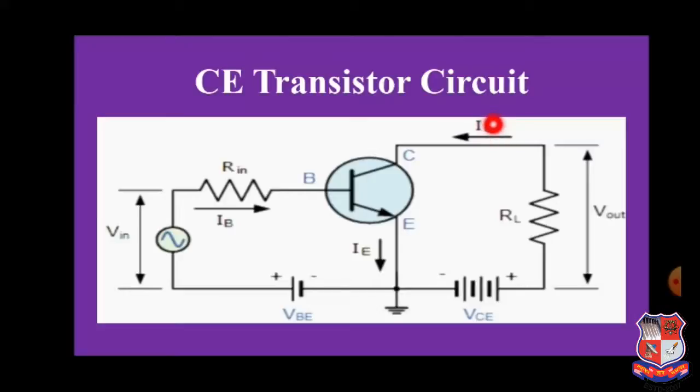So the output current is very much higher, and with respect to the base current we will have the highest current gain in the CE, that is the common emitter transistor circuit. Again here the current is flowing out from the emitter terminal, and hence this transistor is also a PNP transistor.